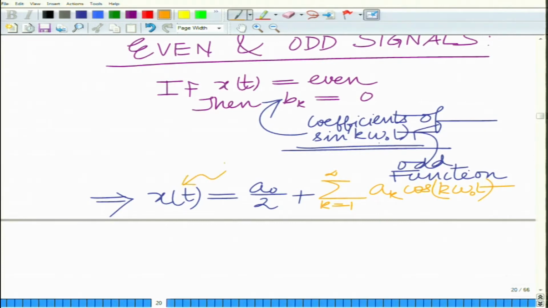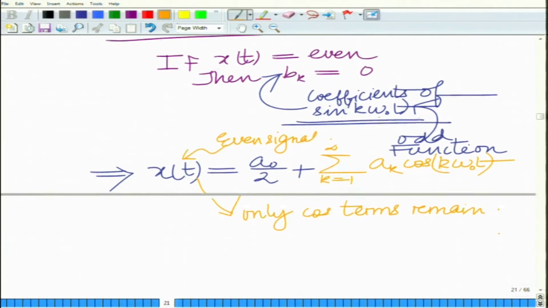For an even signal, only the cosine terms remain.